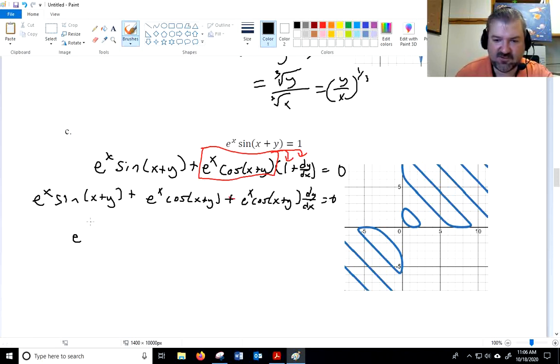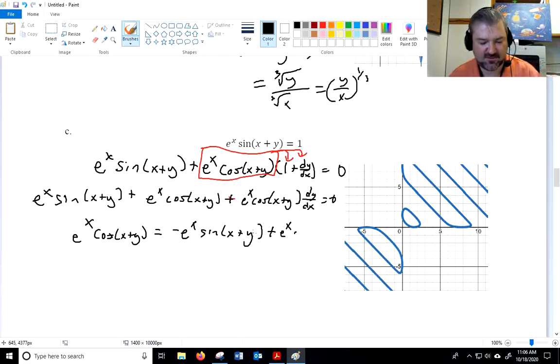So when I move everything over, we'll end up with negative e to the x sine of x plus y, minus e to the x cosine of x plus y, and that was times dy dx.